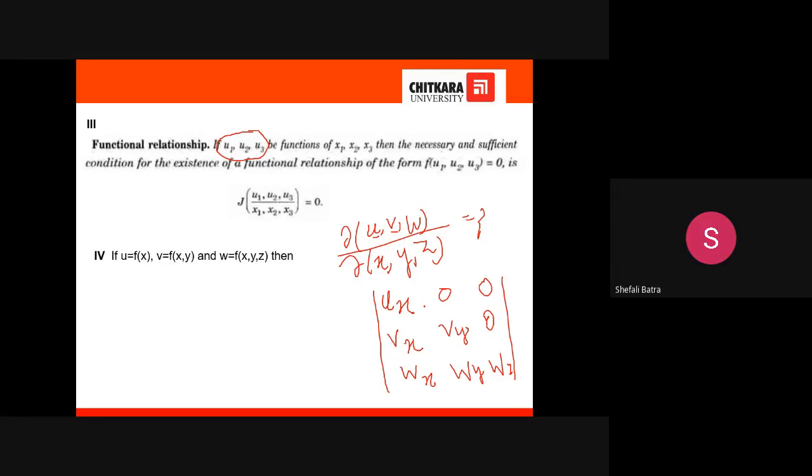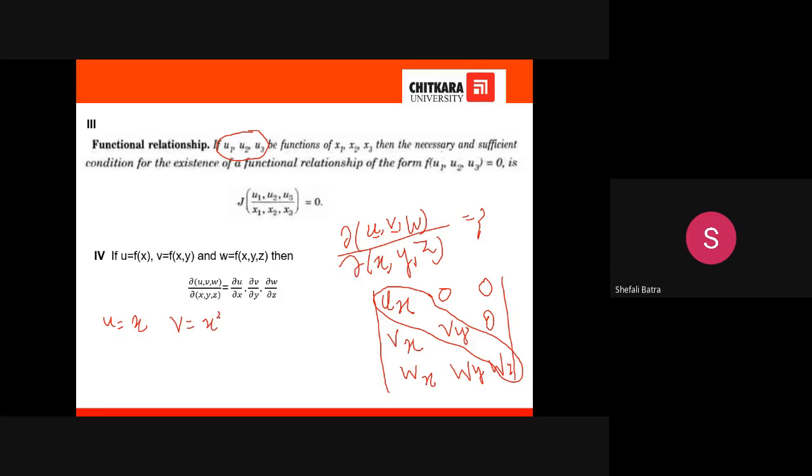Right? ux into vy into wz. And you know that in the case of upper triangular, lower triangular, or diagonal matrices, in all three cases the determinant is the product of the diagonal entries. So the answer would be curly u by curly x into curly v by curly y into curly w by curly z.